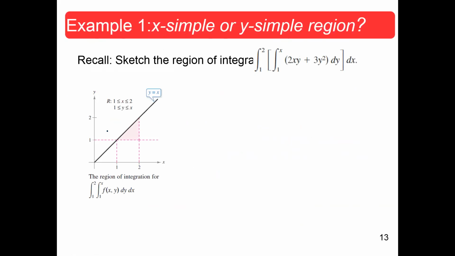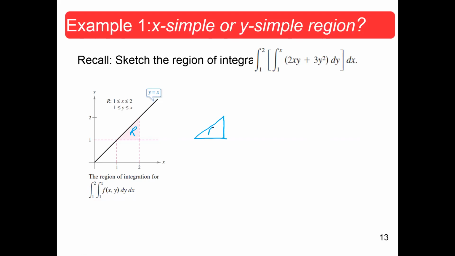So it goes back to this graph over here. This triangular shaped region R, is that x simple or y simple, guys? Can we treat this triangular shaped R as y simple? Yep.